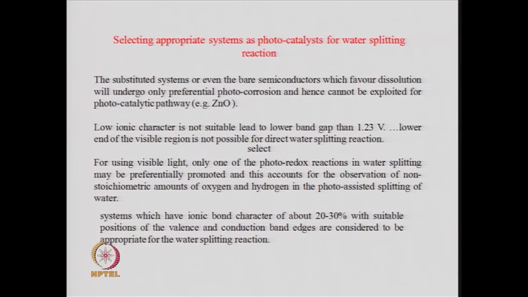So, you may have more oxygen and much less hydrogen being produced, or much more hydrogen and much less oxygen. So, it is not a typical photochemical splitting of water.